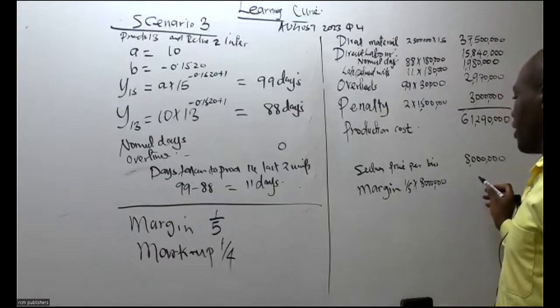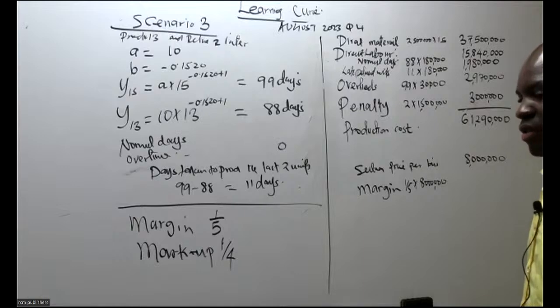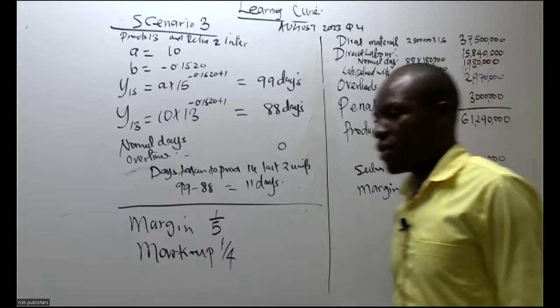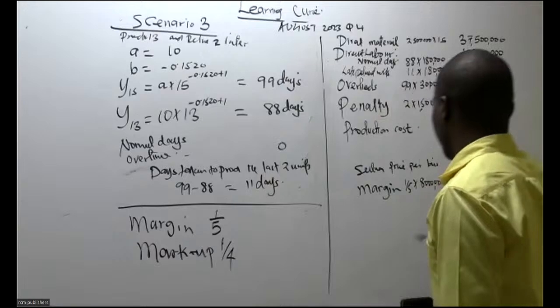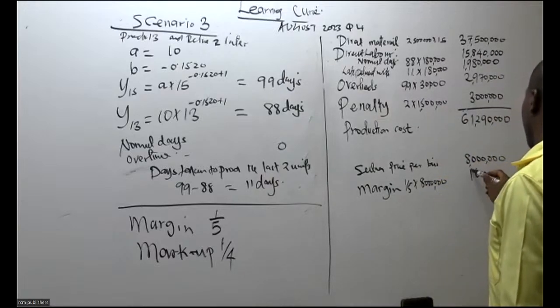Or 20% of 8 million ni ngapi? 1,600,000.